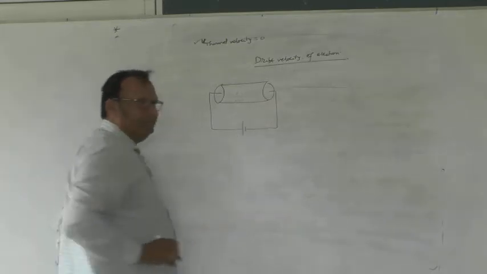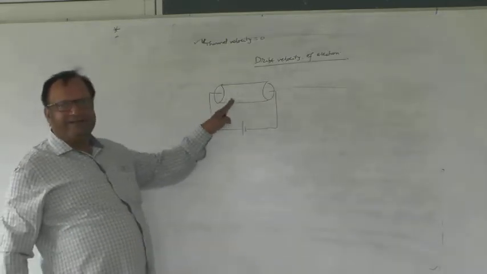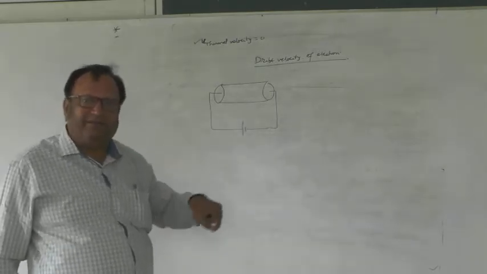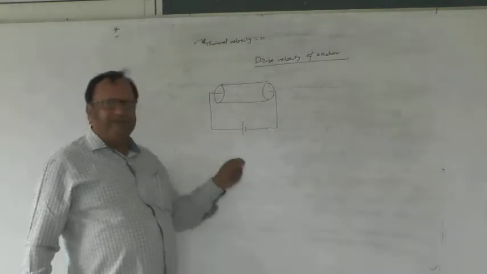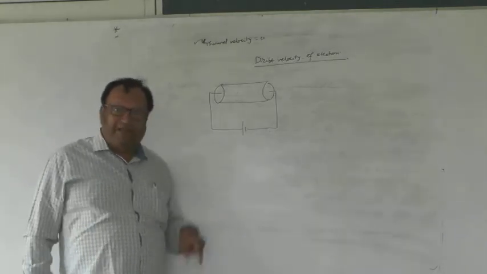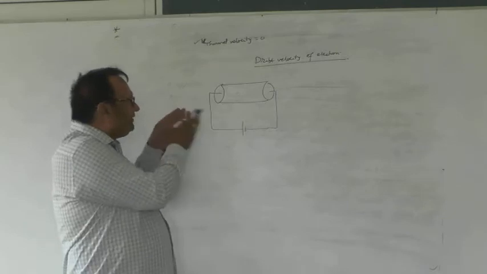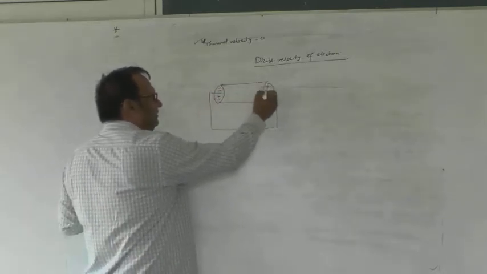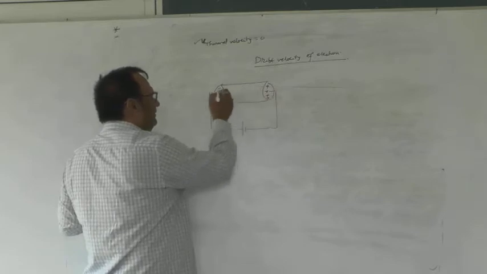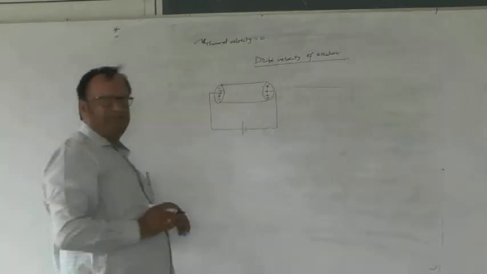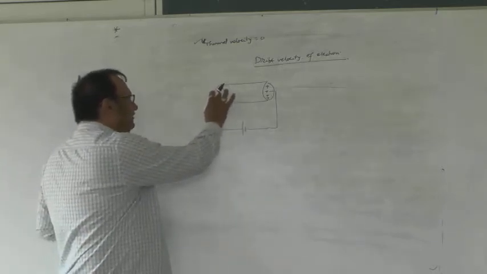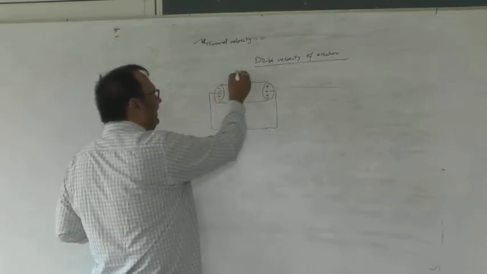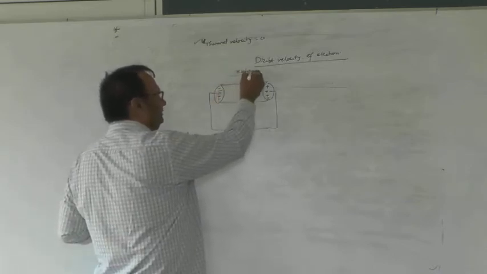what I have told you is that when the conductor is connected with the battery, as soon as it is connected, there is a very fast phenomenon where the charges are being separated because the external electric field is active here, right?